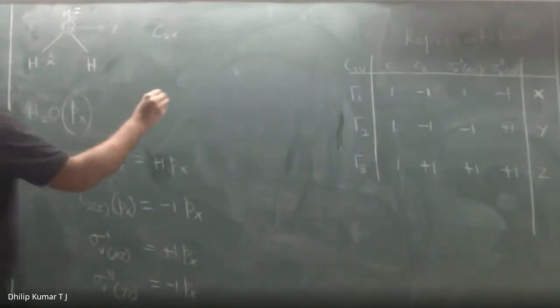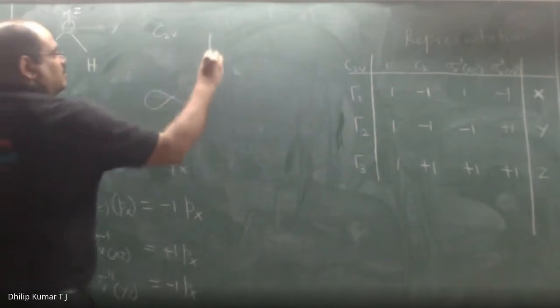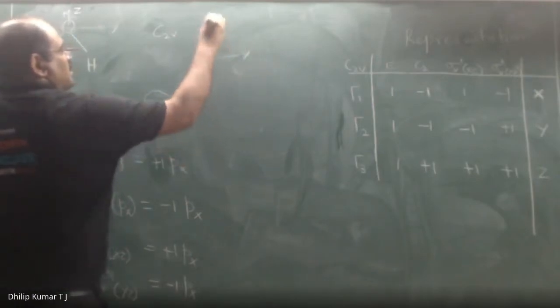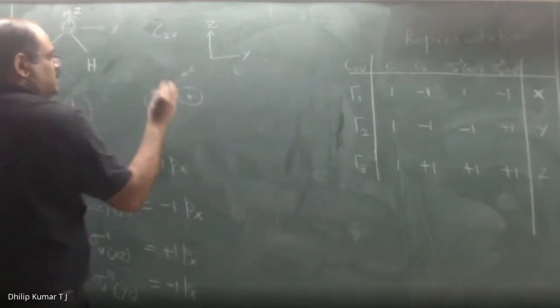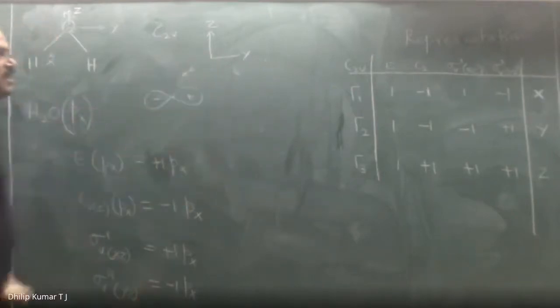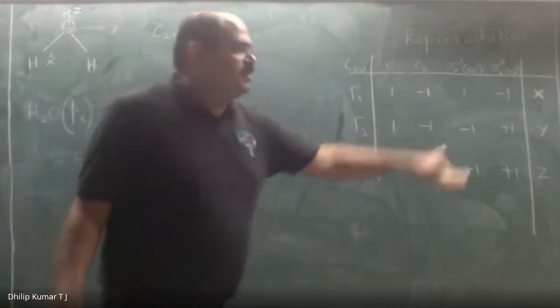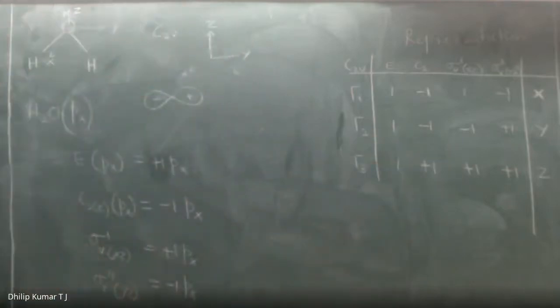So you get z. Let's try for py. So py is this way, right? So y is this, plus minus. If you try this, then you end up with the characters 1, -1, -1, 1.